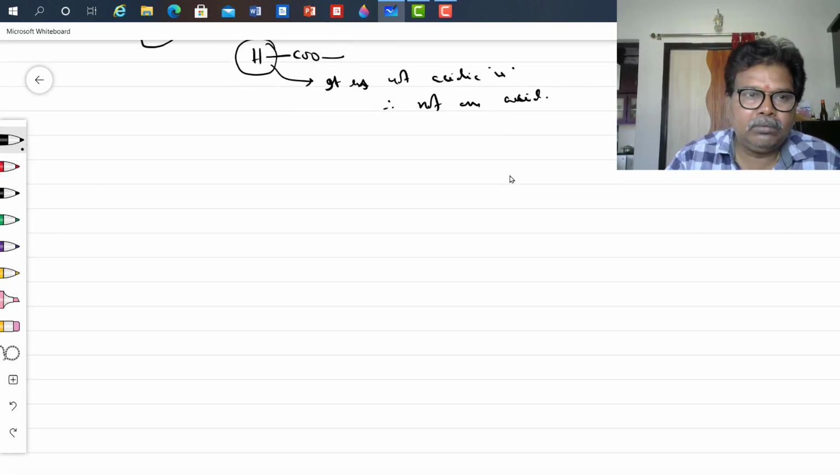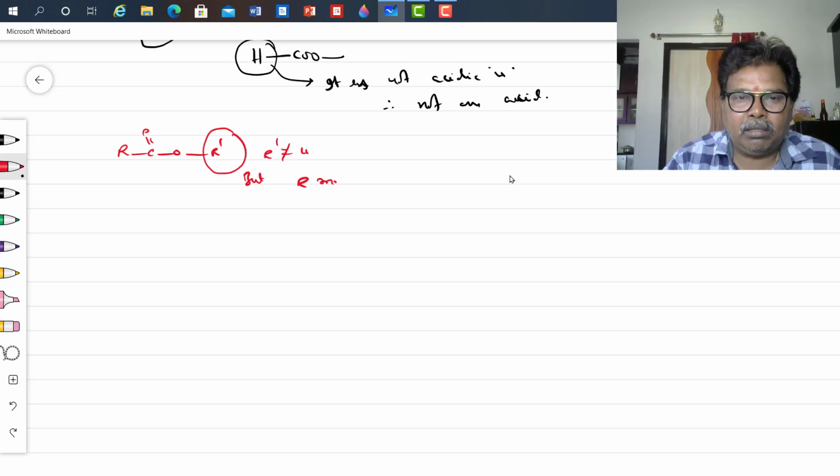So R C double bond O R dash. R dash is not equal to H, but R may or may not be hydrogen.